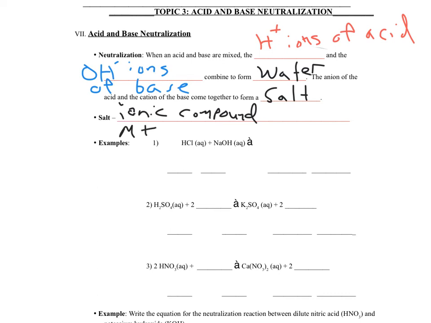I usually write M plus NM, as in metal plus non-metal. That is what ionic means. But it is an ionic compound that can be formed by neutralization. Essentially, it's just the other product. So we make water because you have H plus added to OH minus, but you also wind up with some extra stuff, and that extra stuff usually turns out to be salt.